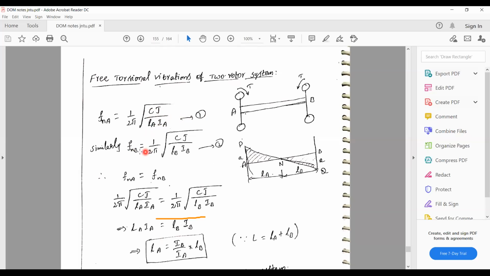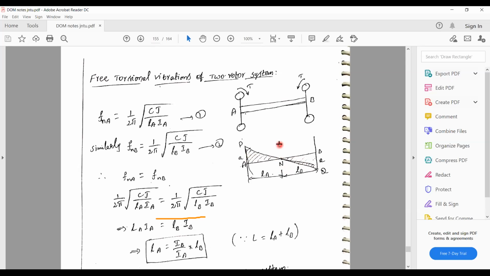And similarly we write f suffix nb equals 1 by 2 pi into square root of Cj by Lb Ib. Why have we written it as La and Lb? Because when the rotors are trying to twist the shaft, the amplitude value at one section goes to zero.